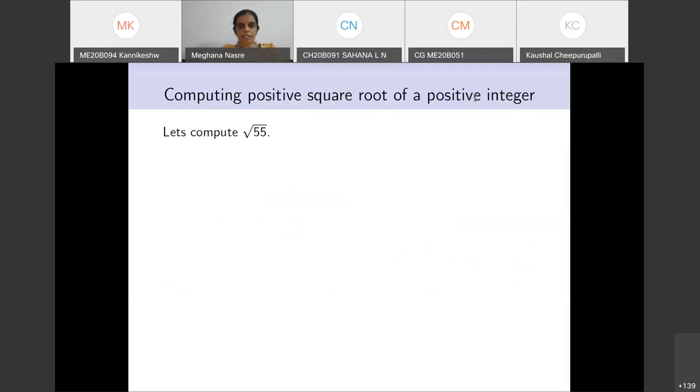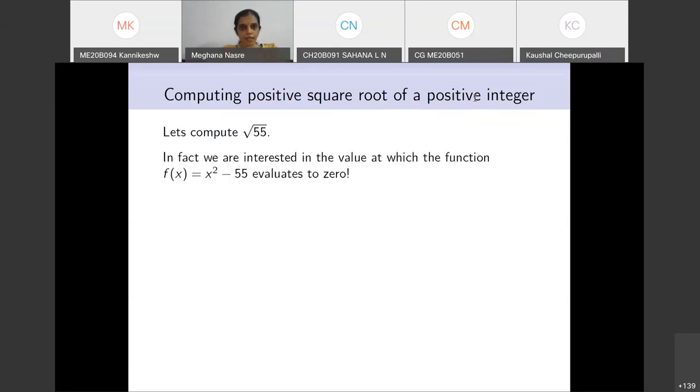Just for the sake of concreteness, let's take 55 again, no specific reason, and let's try to compute the square root of 55. When we say we are interested in computing the positive square root of 55, we are looking at this function f(x) = x squared minus 55, and we want to find the value of x where this function evaluates to 0.